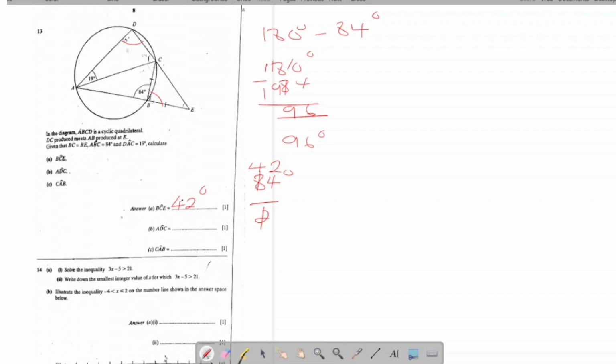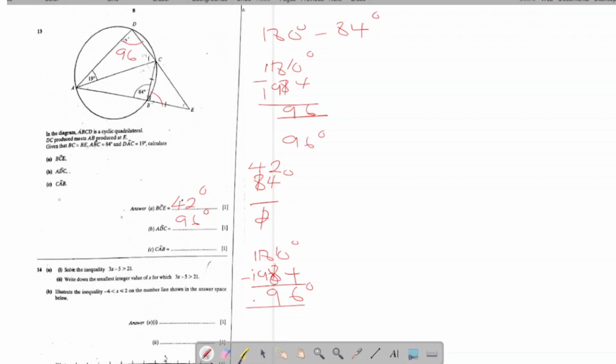If we add 84 and this angle, we have to get 180. So we say 180 degrees minus 84, which is 96. So that angle D is 96 degrees.